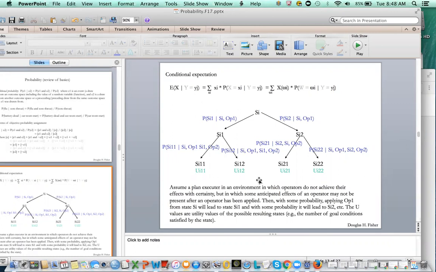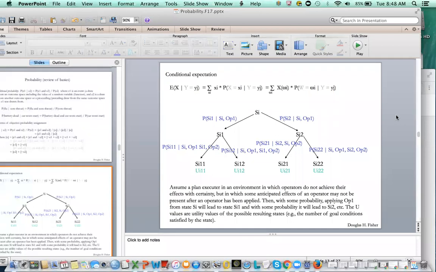In general, we can compute conditional expectations just like expected values. Here I've got a very generic tree. And in this generic tree, I've asked you at the bottom of this slide to assume that you have a system which is executing a plan, and the operators in this plan perhaps are STRIPS operators. You remember preconditions, but we're really concerned now with the effects of the operators.